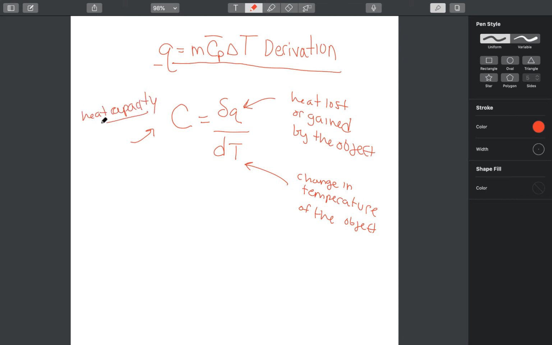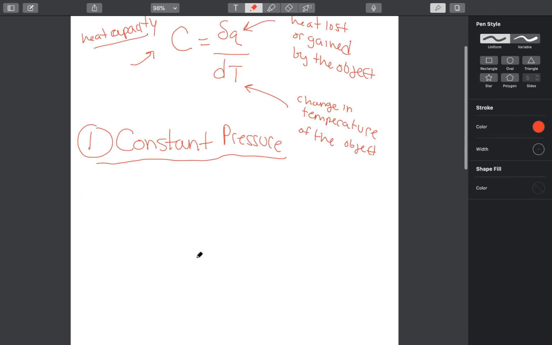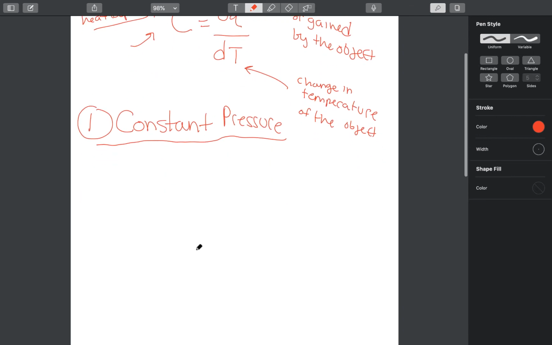And there's actually two types of heat capacity, and we're going to go over the first one, which is the one that we used in the last video. So this one is the constant pressure heat capacity. So constant pressure heat capacity can be found by doing this.